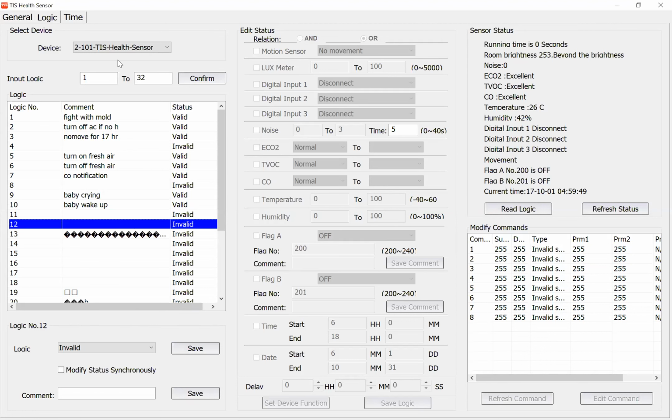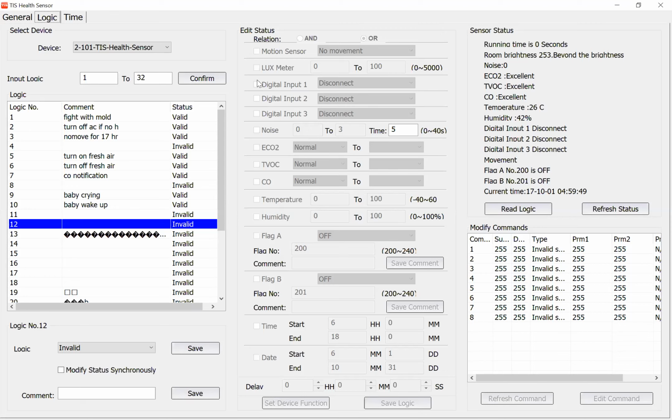As you know, for example, we can use the health sensor in the hospital. It's a very good solution for the hospital because this sensor checks the air quality, and also it has 3 digital inputs. For example, they can connect the pressure sensor.